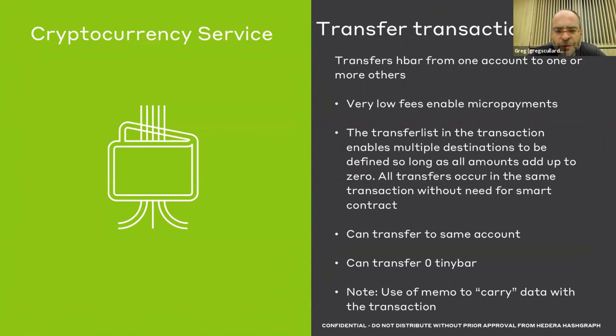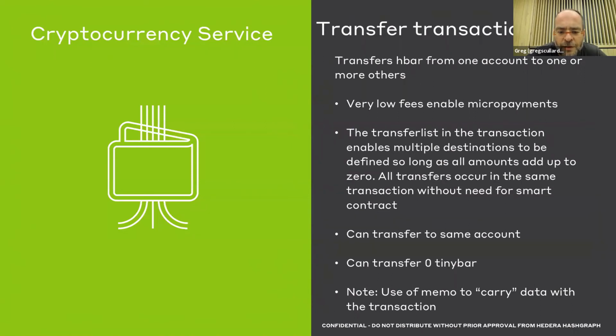So if you put a memo that has, you know, a "Greg was here" type of message, whatever, and you transfer 1 hbar to yourself, then your balance won't be affected, save for the fee that you would have to pay for the transaction.